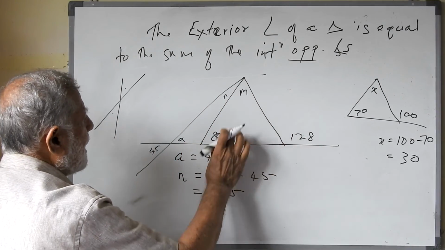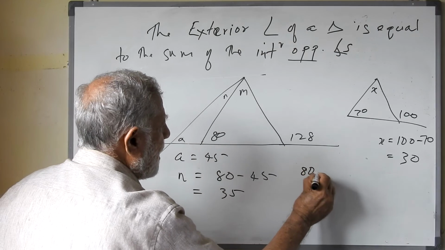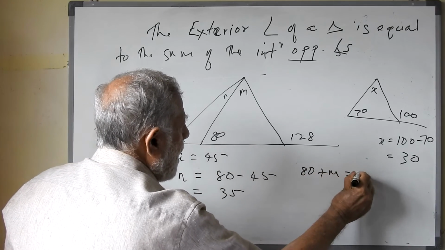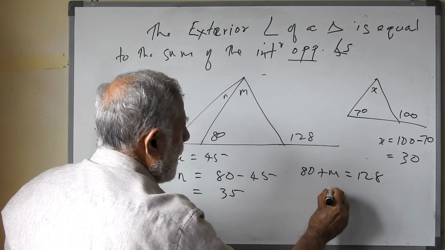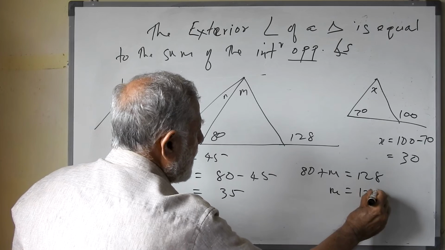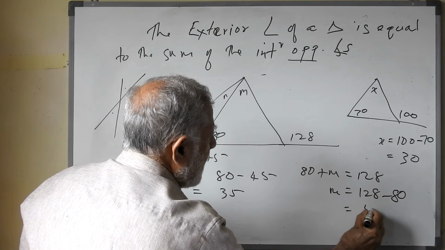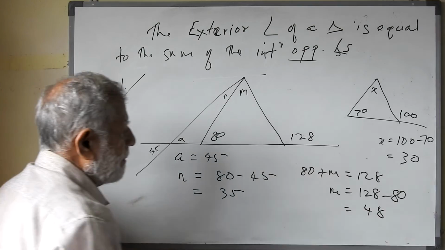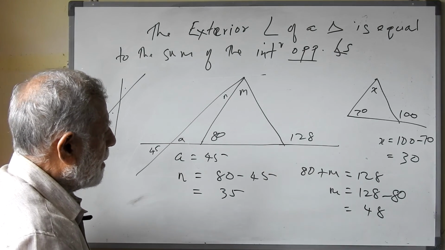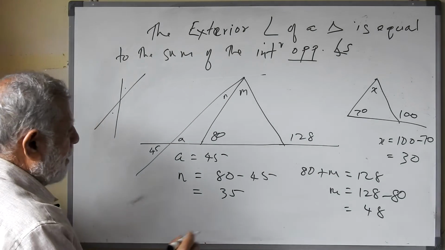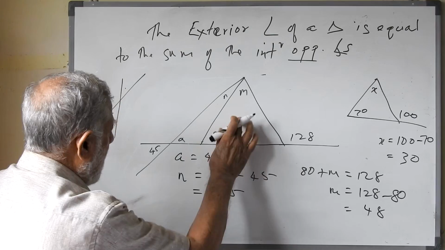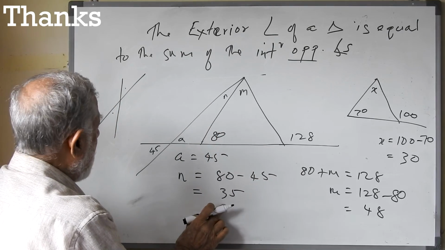So here 80 plus m is equal to 128 degrees. M is equal to 128 minus 80, that is equal to 48 degrees. So we have found out m is equal to 48 degrees, n is equal to 35 degrees, and a is equal to 45 degrees.